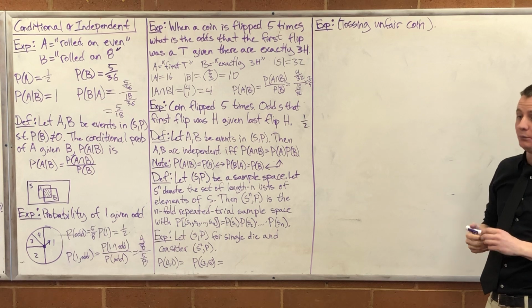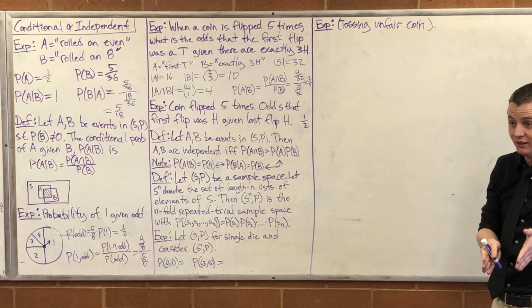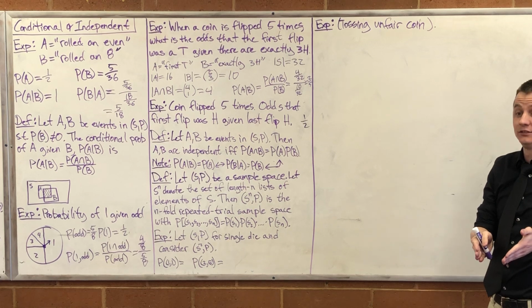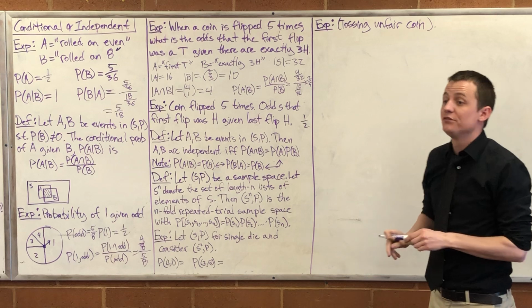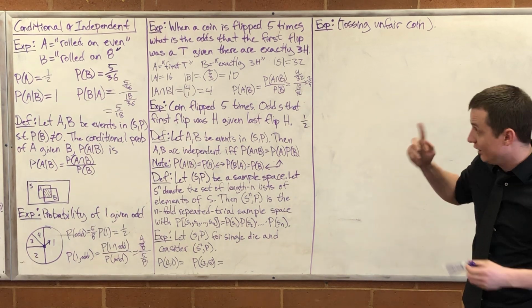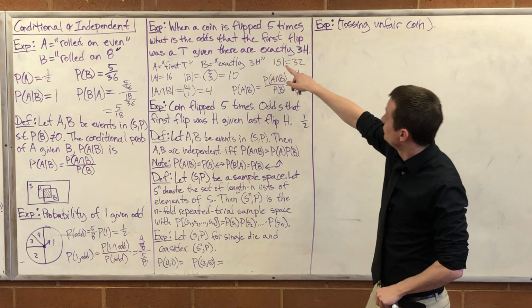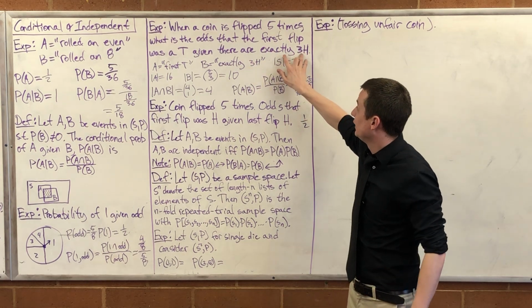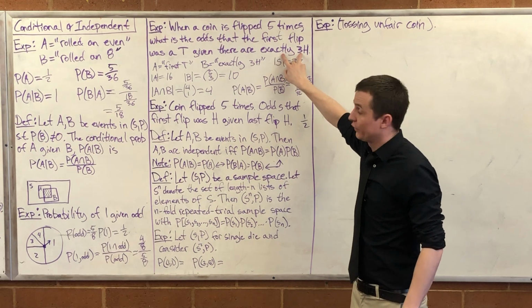Knowing that the last flip was a heads in no way helps you predict what the first flip was. But knowing that there are 3 heads, we can calculate this if you want. Here's the difference in the intuition there. When we knew that there are exactly 3 heads, we didn't know anything about their position. That could have still been the first one that was a heads.